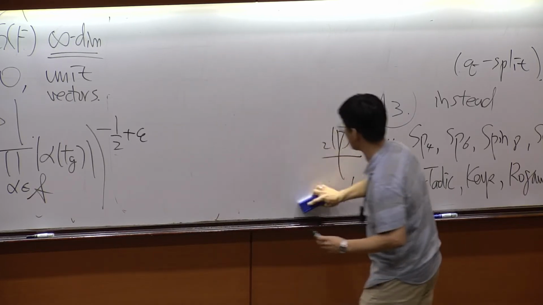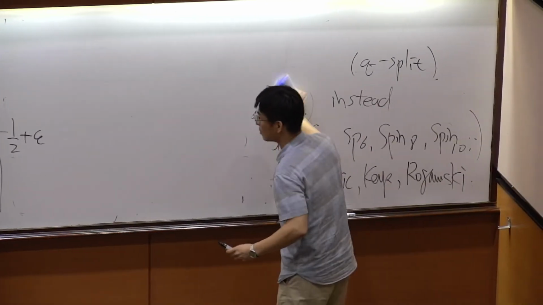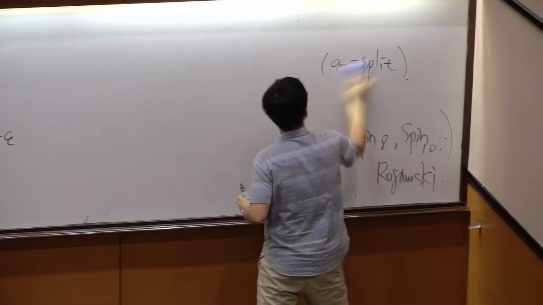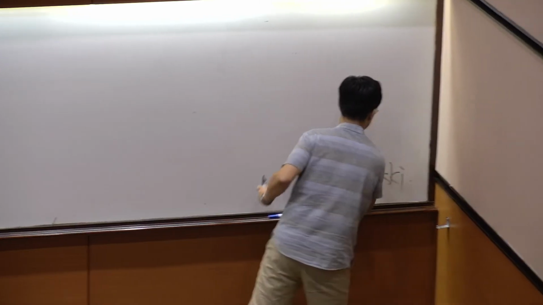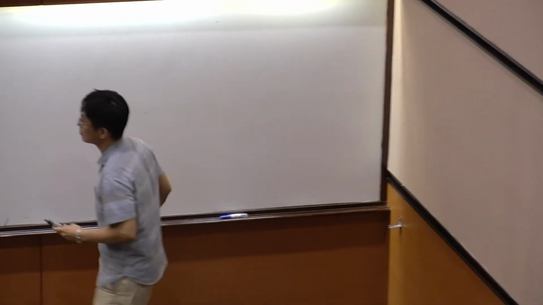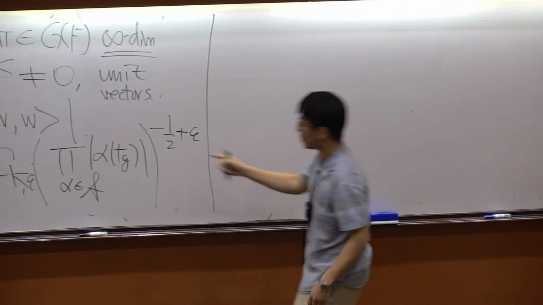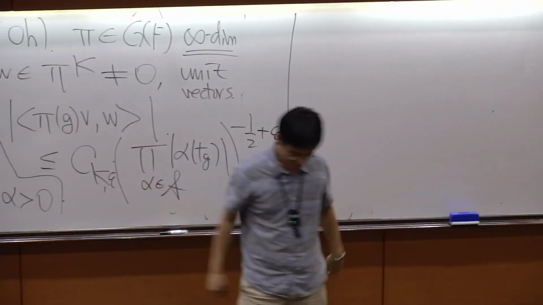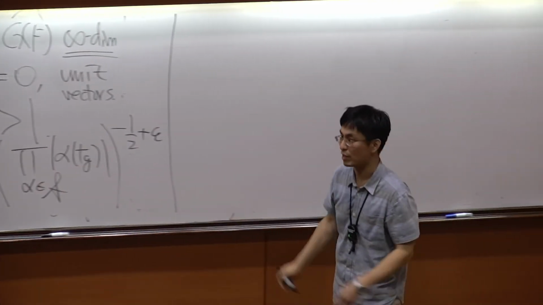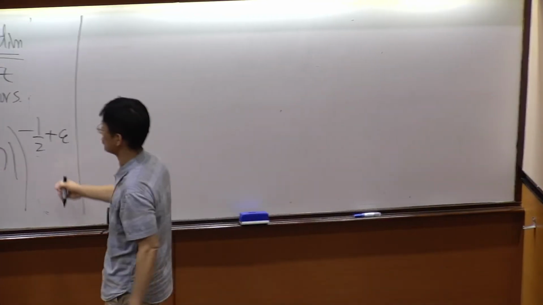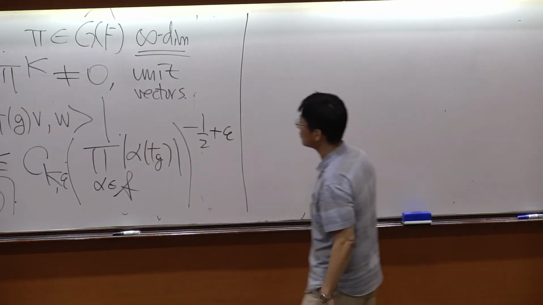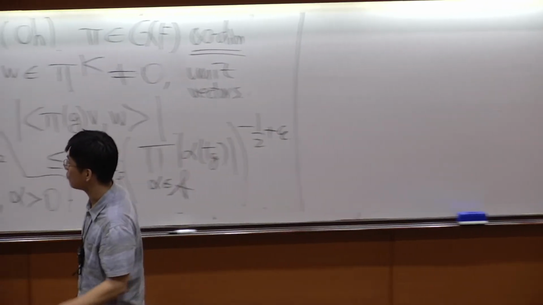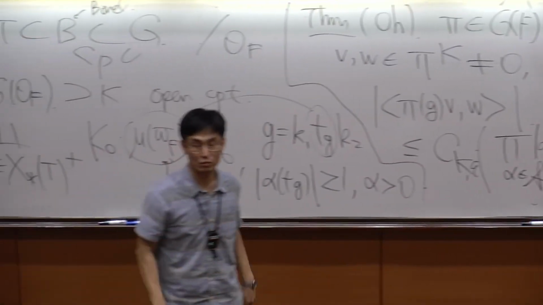But in fact, we can take epsilon to be any positive number smaller than 1/2, so it doesn't really matter much. So that's the bound, and one of her motivations was to use this in some Hecke equidistribution result. Anyhow, that looks pretty good if you can somehow relate Jacquet modules and matrix coefficients.